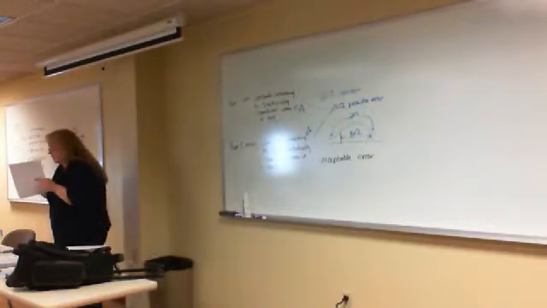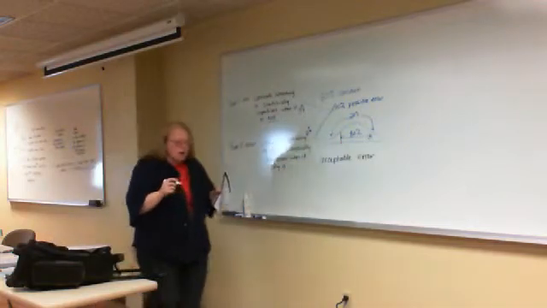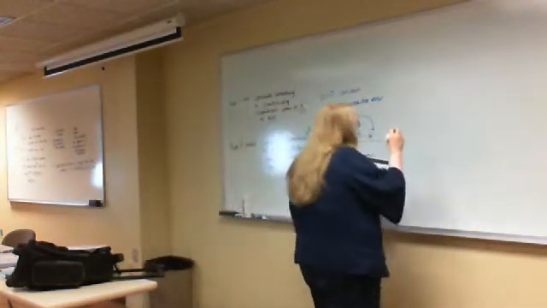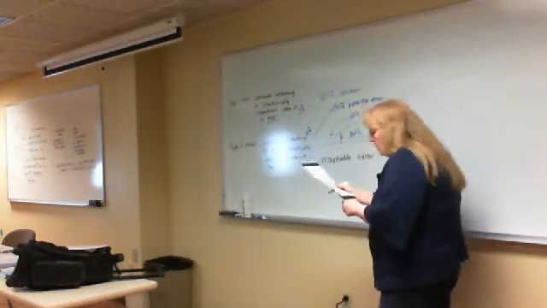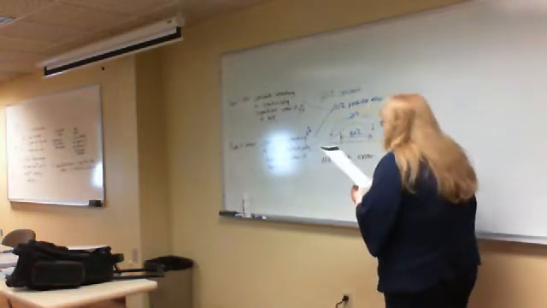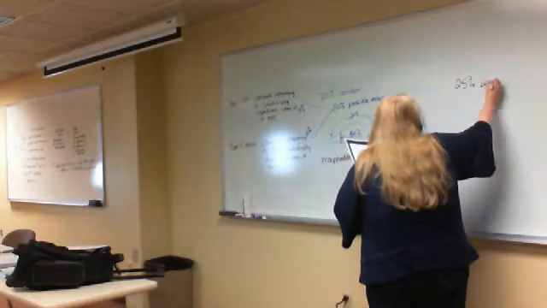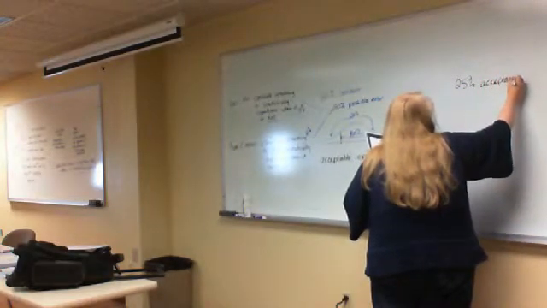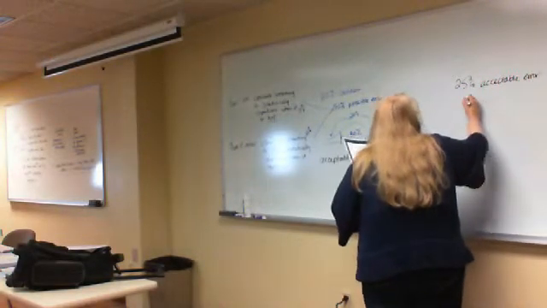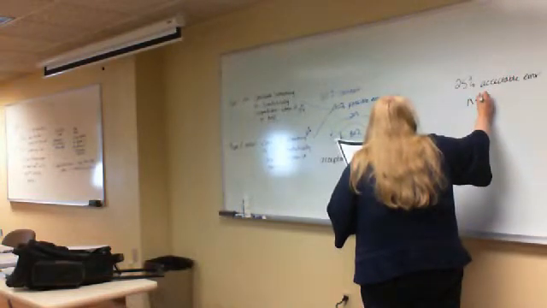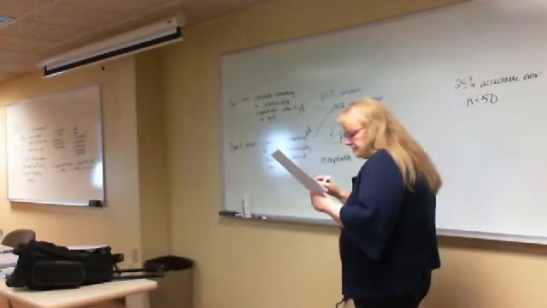So just to make sure we know how to use the table, suppose I wanted to run a test and I wanted a 25% acceptable error. And I have 50 observations.